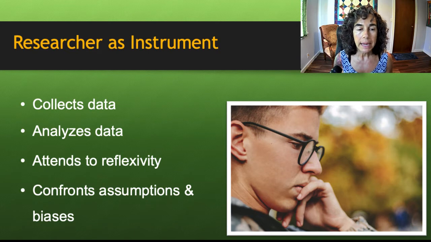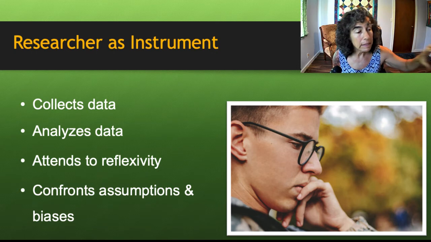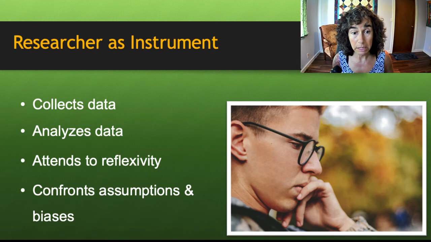And so we acknowledge that, but we also engage in this process of reflexivity, which means that I actually examine my own beliefs, values, assumptions, experiences, and see, am I laying my own experience on top of these other people's experiences, or am I able to realize who I am in the world and then set that aside while I'm conducting research? So we confront our assumptions and biases when we conduct qualitative research.